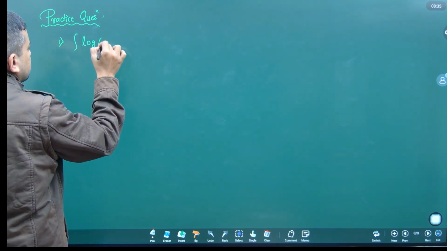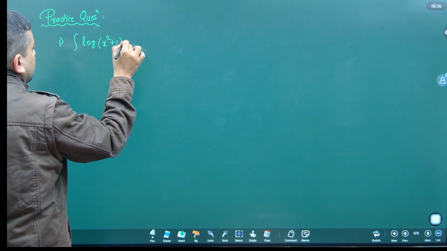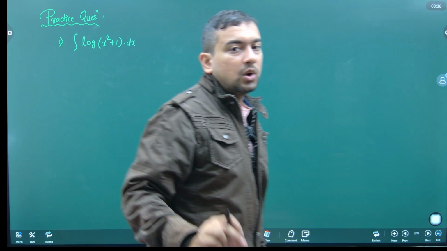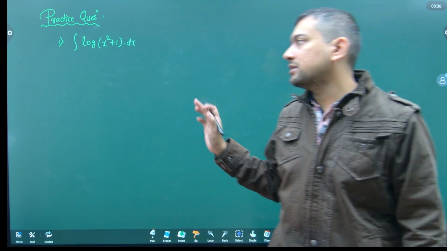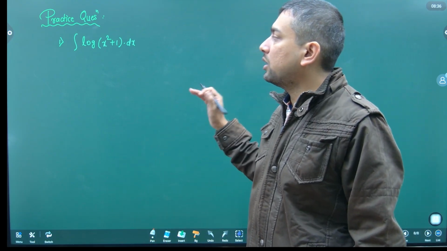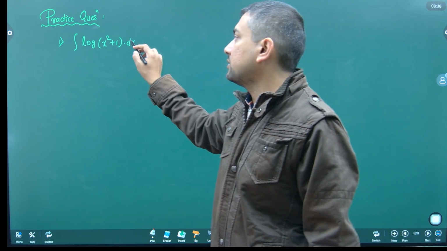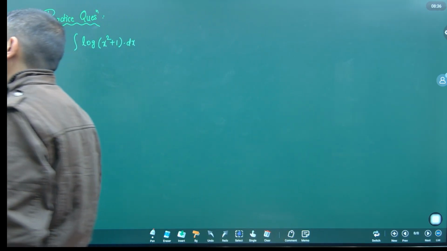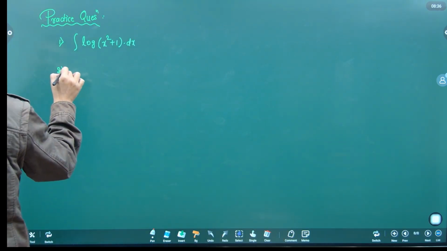Okay, I am going to discuss the process also, how to solve. See, we have solved one example, integral log x dx. In the same fashion, solve integral log of x square plus 1. Further, you consider 1 as algebraic and log as logarithmic, and proceed. Okay, this is an important one, please try it.